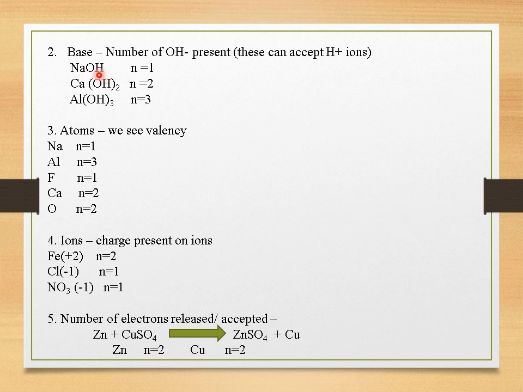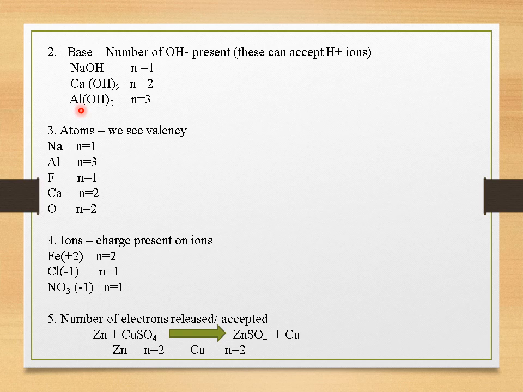For NaOH, only one OH- ion is present, so the n factor would be 1. For calcium hydroxide, Ca(OH)2, there are two hydroxide ions present. So OH- ions are 2, so n becomes equal to 2.